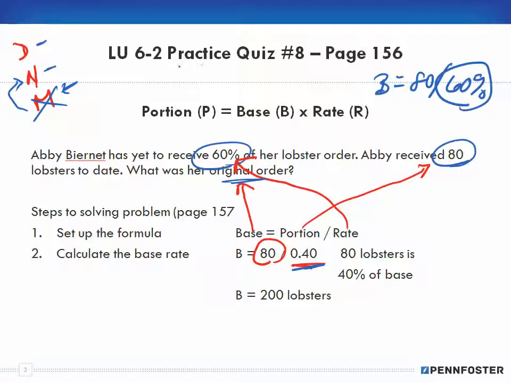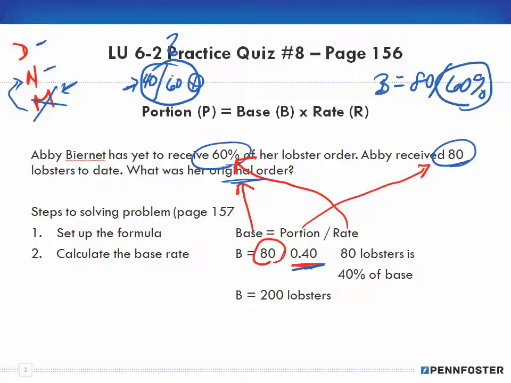Well, if I have an order here, and 60% we have not received, that means 40% we have received. Now notice what I just did. I drew an order, and I labeled part of the information. Here's 60%.